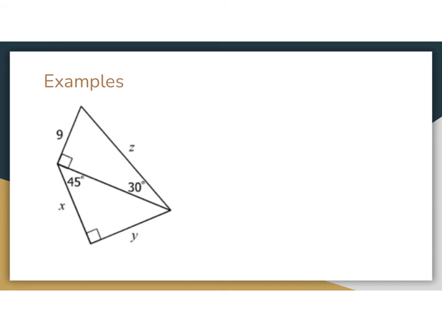Okay, so this presents a nice little challenge. We have a 30, 60, 90, but we also have a 45, 45, 90. I'll tell you what, we'll do the 30, 60, 90 in red.